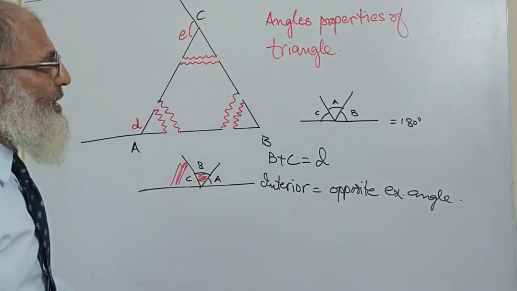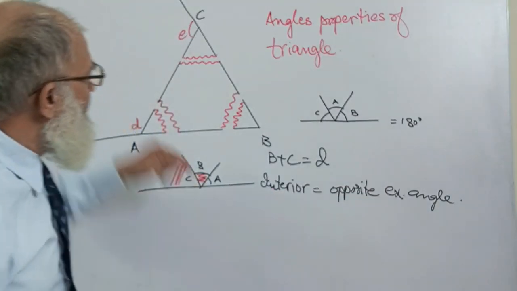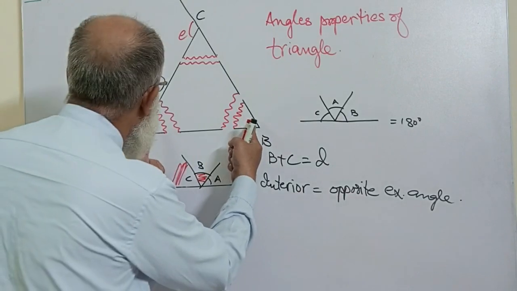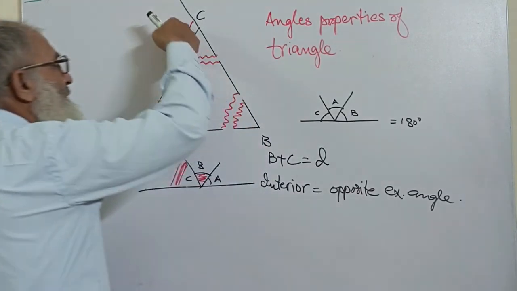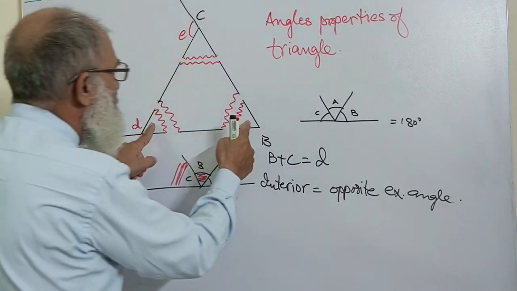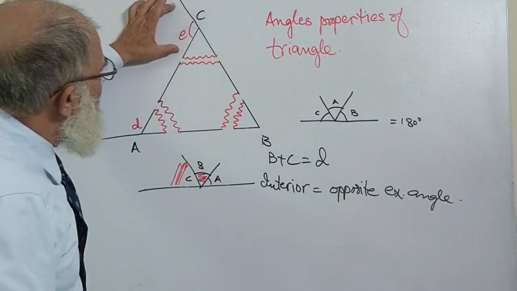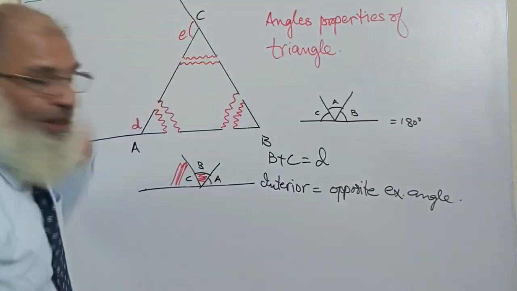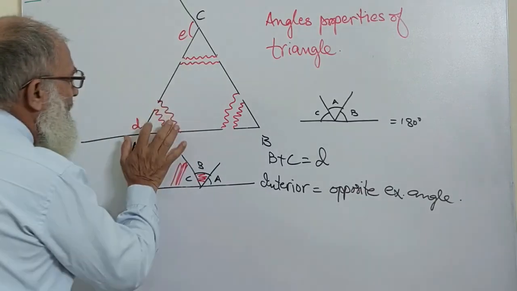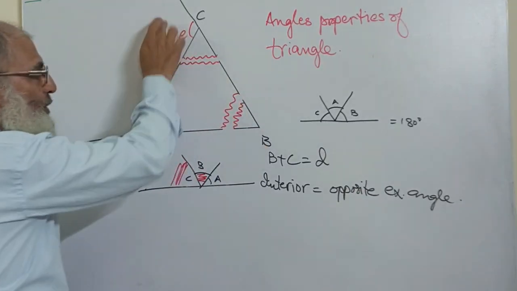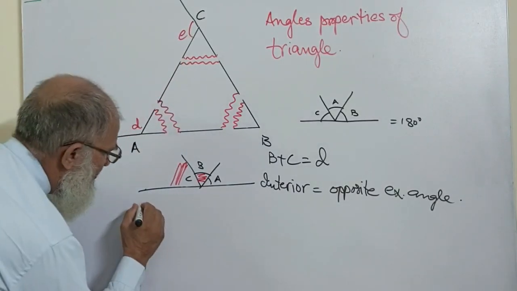So it is a common property that when you take two interior angles, the angle opposite to the two interior angles, which should be exterior, will be equal to the sum of the two interior angles.